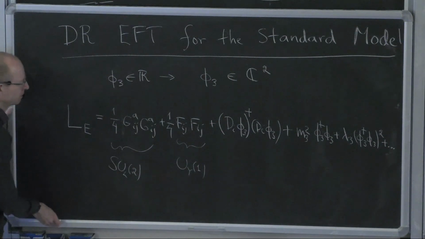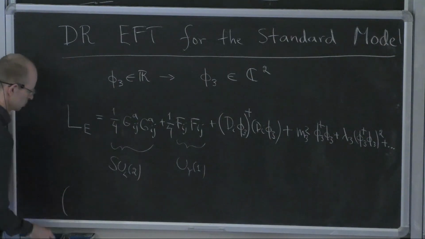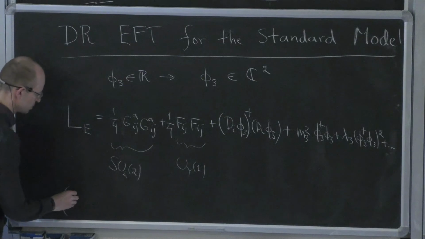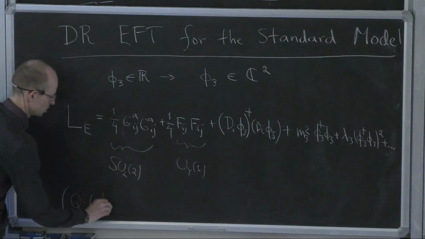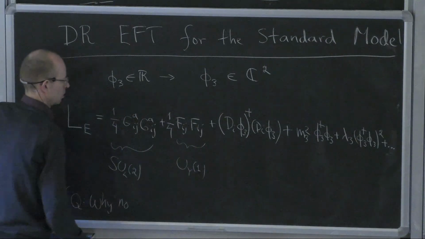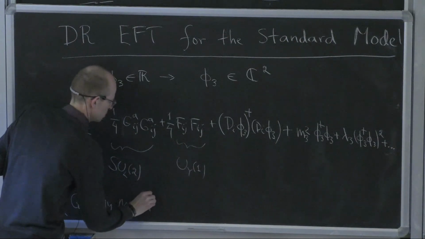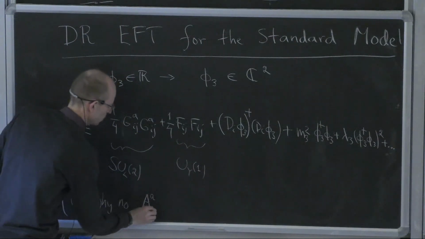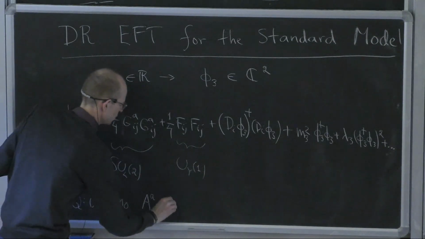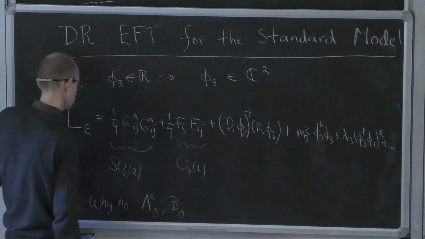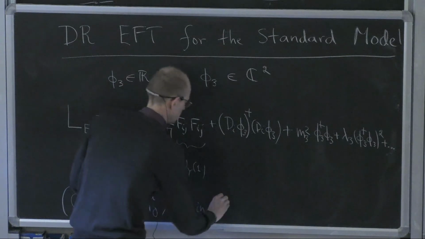Okay, there's one issue which I should maybe mention in parentheses. Let me put it as a question. Why, for SU(2), is there no zero component of the gauge fields, or for the hypercharge, why no zero component of the hypercharge in the effective Lagrangian?